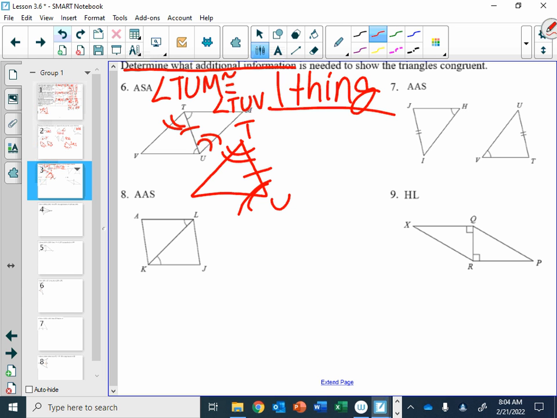Number 7. I need this to be angle, angle, side. I've got an angle and a side, so that means I'm missing another angle, right? You can do that. Okay, you can do J and T. Actually, 2 answers for this one.